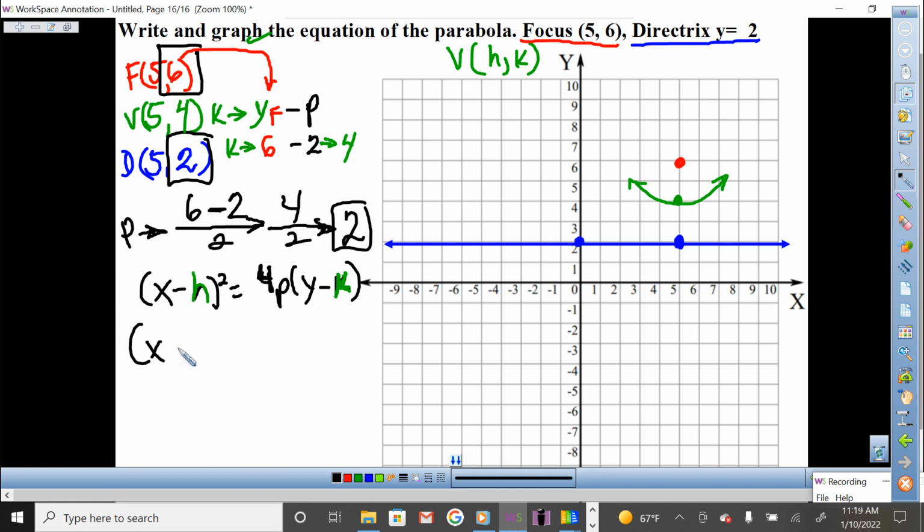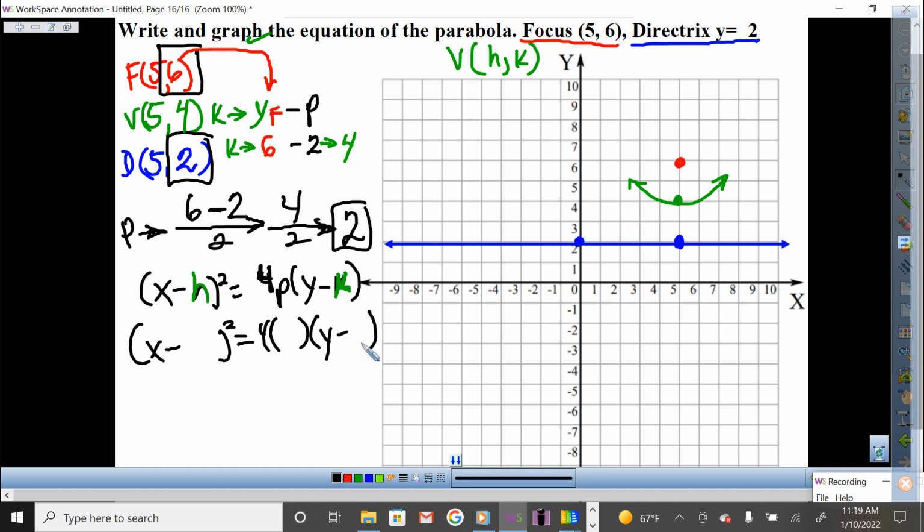Okay, so I write x minus blank squared equals 4 parentheses for p, y minus blank for k. Now, tell your neighbor what h and k are. What values do I substitute in there? Yeah, from the vertex, what is h? 5. And what is k? 4.